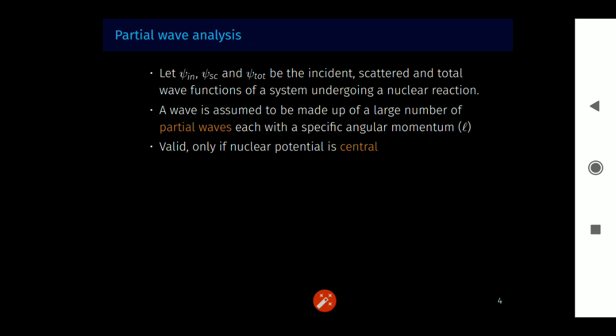With that in mind, one can write the incident wave function with this expression, which is the partial wave expansion of the incident wave. It tells that each incident wave is made up of a large number of partial waves, each characterized by an angular momentum L value.